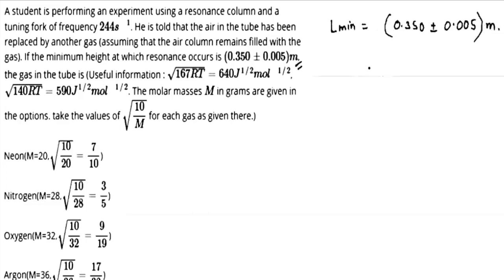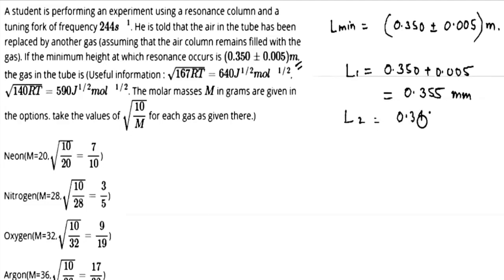It simply means that if the length of the gas column is 0.350 plus 0.005, which means 0.355 meters, or if we take the minus sign, it will be 0.345 meter, right?